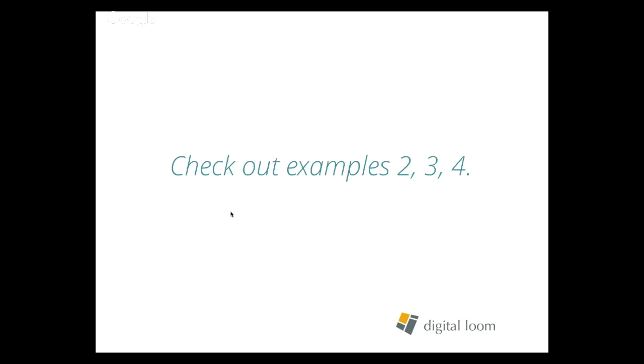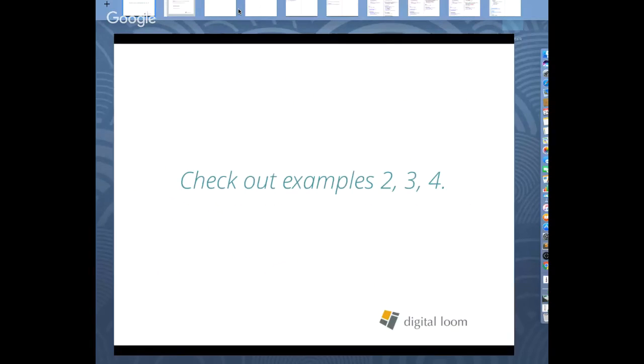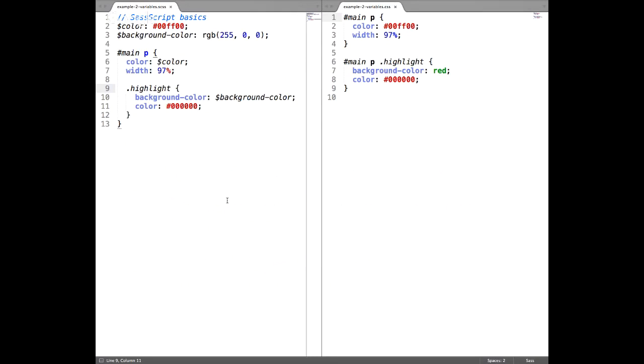So, for examples, this one is example 2. Here we have variables. We are setting two colors actually, one as a hexadecimal and the other one as RGB, in pretty much the same code that I showed you before.